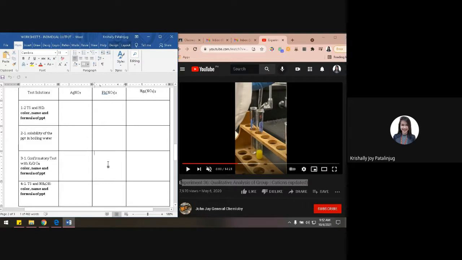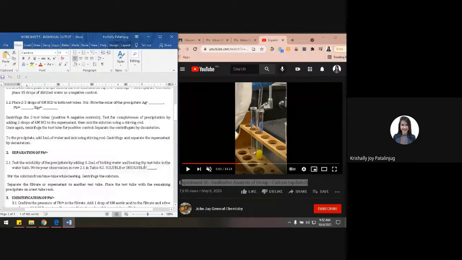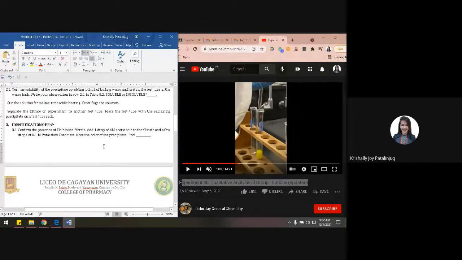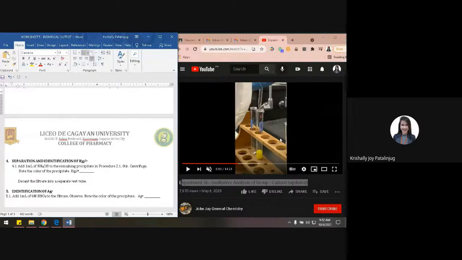So dito ka lang maglagay ng sagot ha, kasi it's only the lead, okay, that is being confirmed using the potassium chromate. Okay, that's 3.1. Careful sa pag-fill in sa answer. 3.1, sorry. Okay, so that is only for the identification of lead. Okay, let's proceed. Okay, so no problem with that.